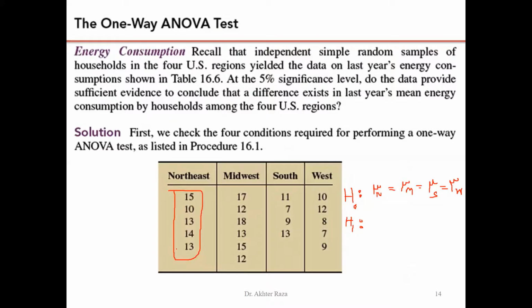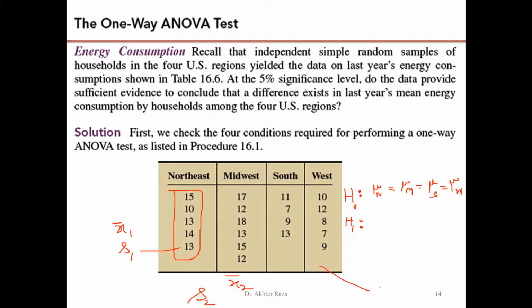Column number 1 has standard deviation S1, and the mean of sample 1 is X1 bar. Similarly, the mean of the second sample is X2 bar, and the standard deviation is S2, and so on.